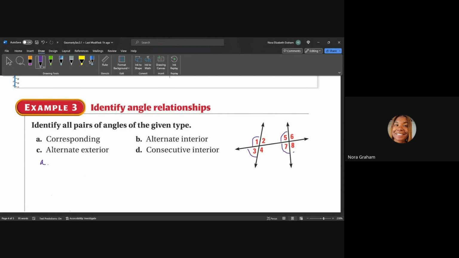Those would be considered corresponding angles. Go ahead and take a second to write that down if you have pen and paper. But then I could also go to the other side and look at corresponding angles as well.